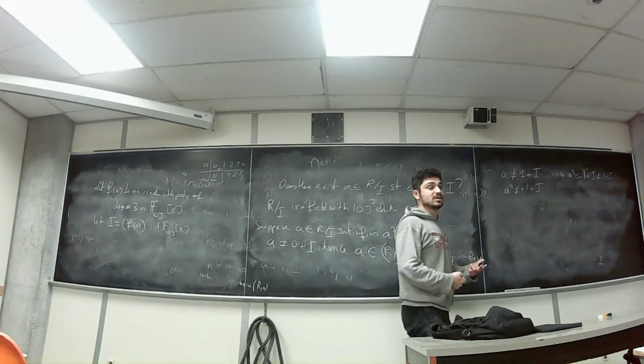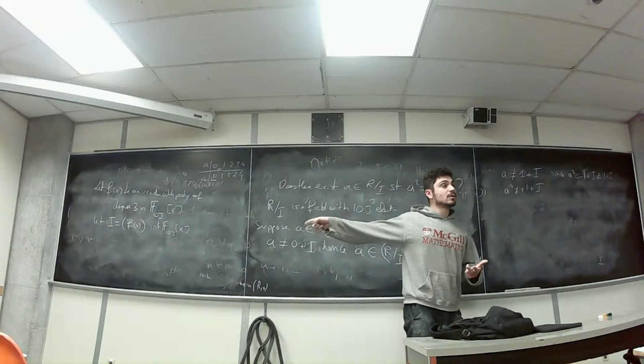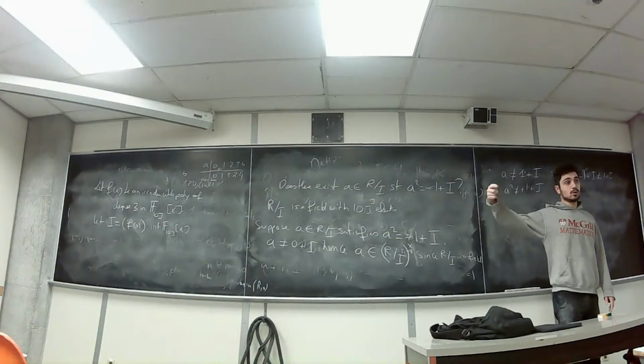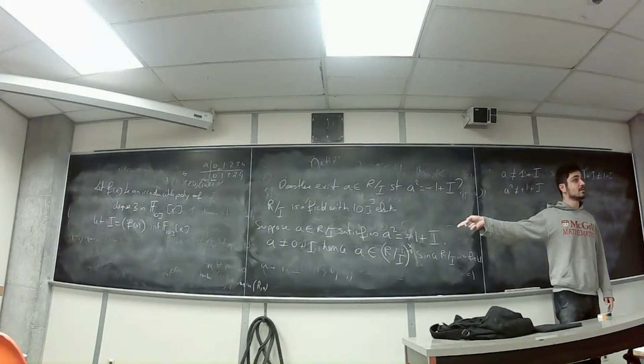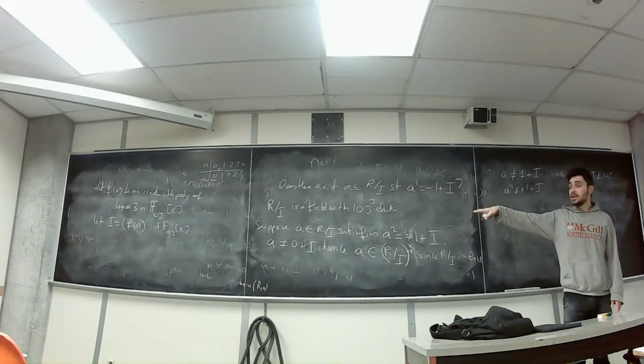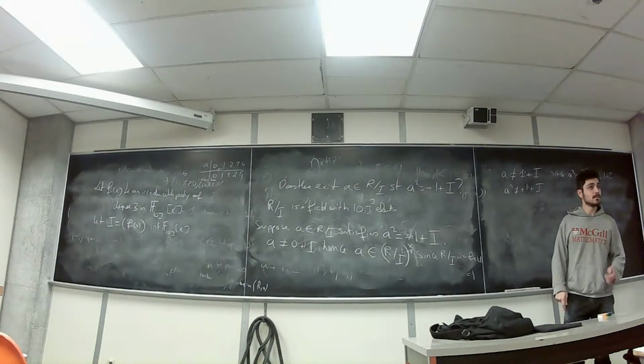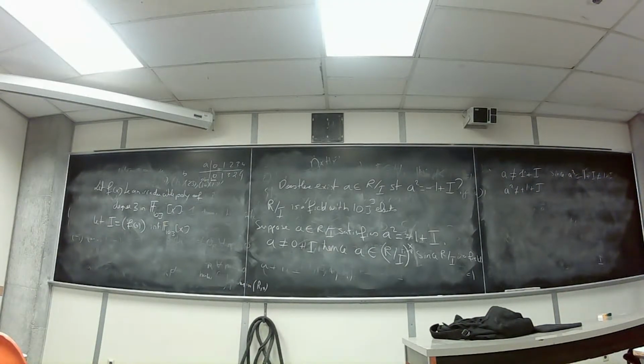What is the characteristic of this field, of this quotient ring? It is 103. Take 1 plus I: how many times do you need to add 1 to get 0? 103 times. So 2 is different than 0 in this ring, so a squared is different than 1 plus I.